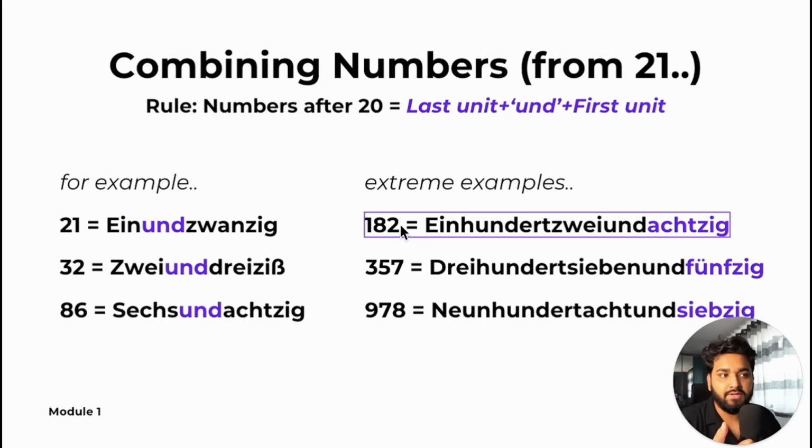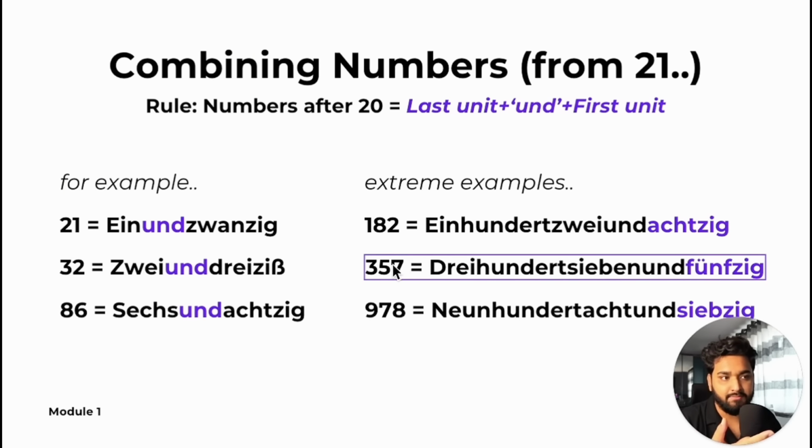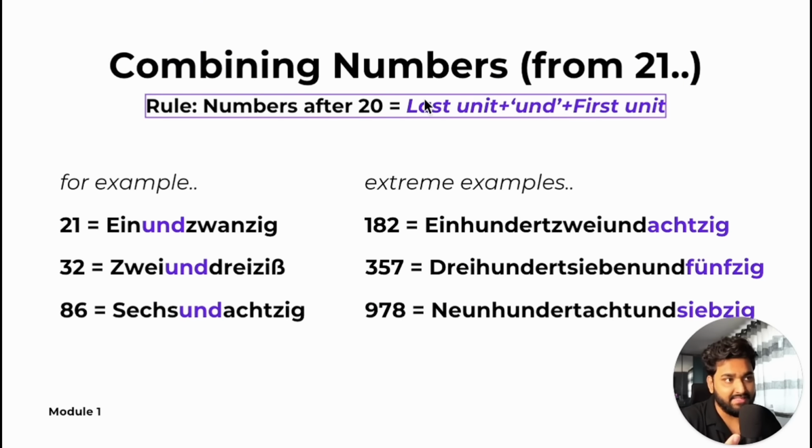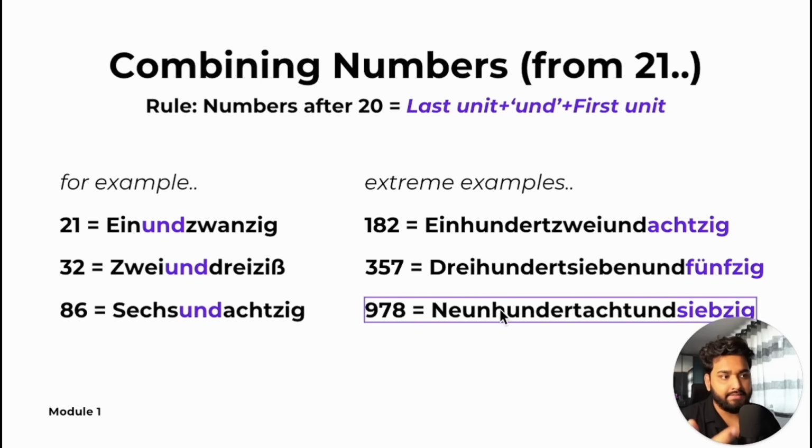So it was 182, 357, and for the last one it will be 978. The same rule, like last unit plus und and plus first unit, yeah. Till 900 it is the same, 300, 100, and then this 2-digit number 78.